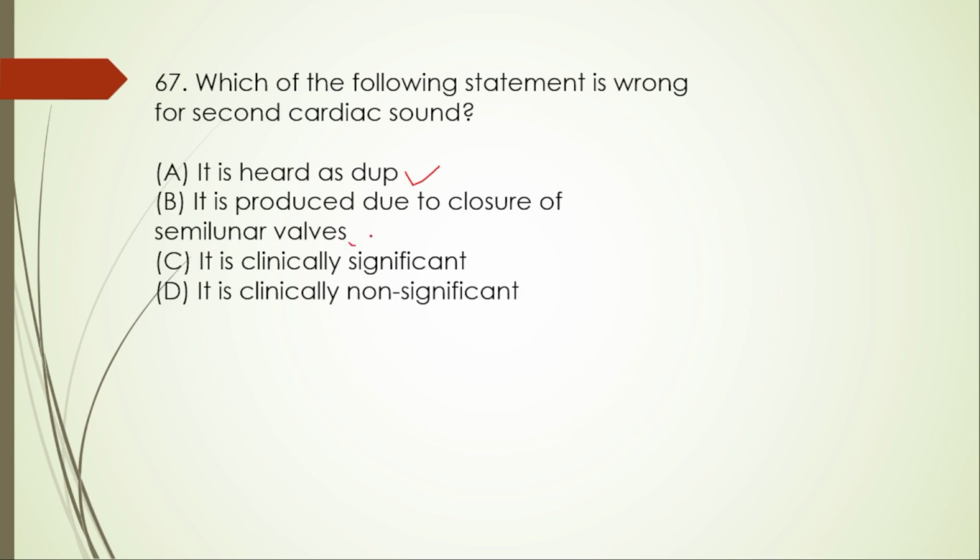It is also correct. C. It is clinically significant. Correct. And D. It is clinically non-significant. This one is wrong. So he is asking the wrong statement. So for 67, the wrong statement is D.